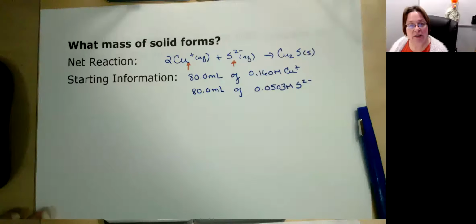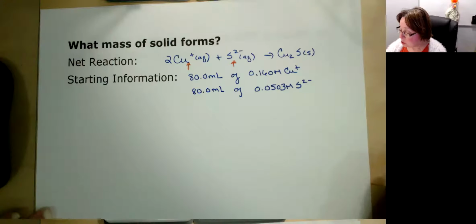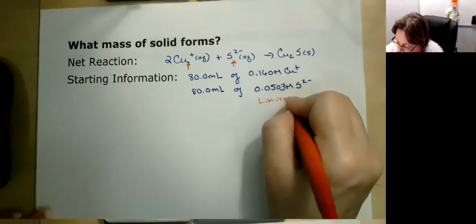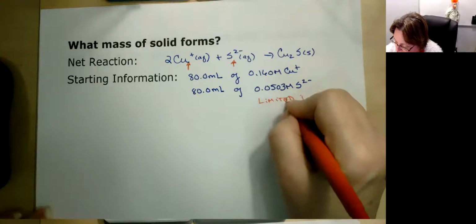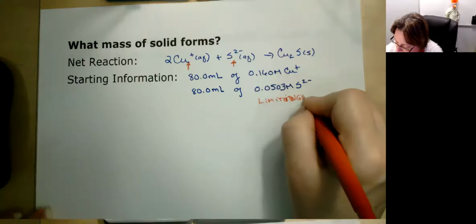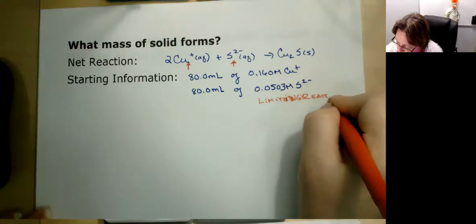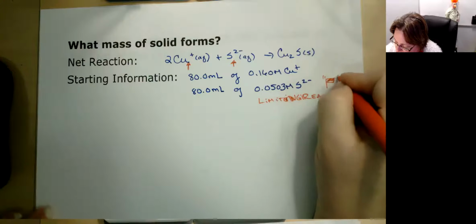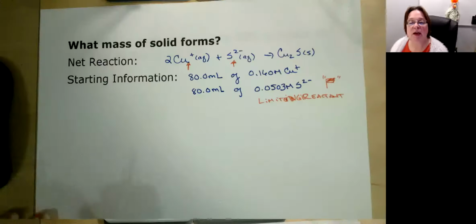What should be happening in your heads right now is you should be thinking, this is one of those dreaded limiting reactant problems. Right? That's the little flag that should be waving in the back of your mind.